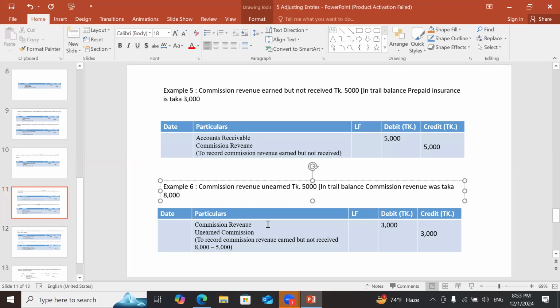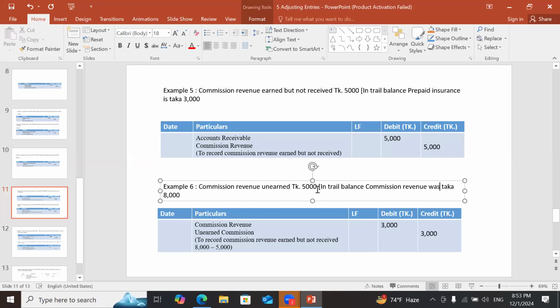So commission revenue debit now. Unearned is always a liability. Okay, unearned. You earn but do not receive instantly. So commission revenue debit, unearned commission 3,000, sir. 8,000 minus 5,000. In the trial balance 8,000, but at the end of period, at the end of month, unearned 5,000.